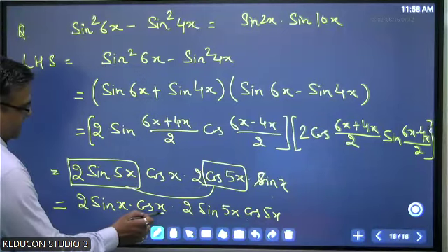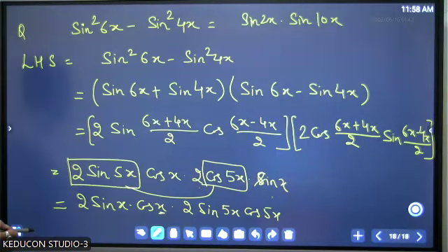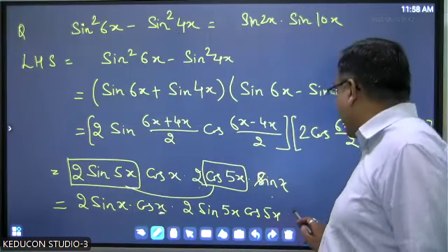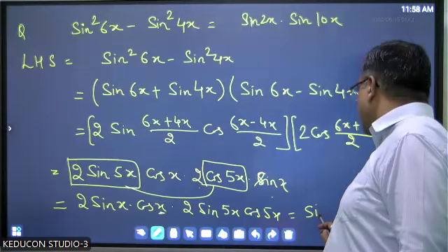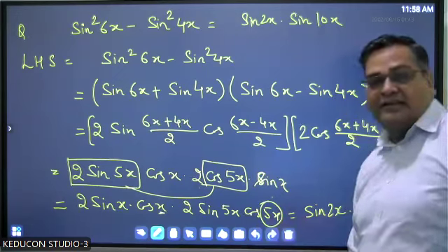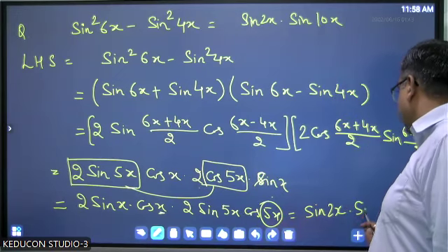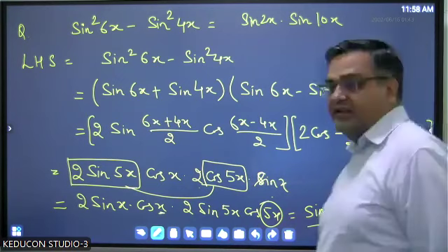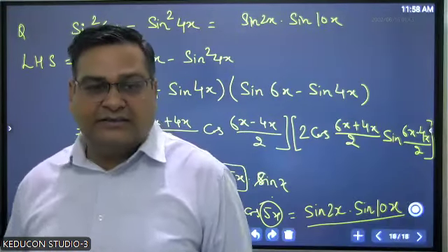Since here it is x, it will become the double angle formula, students. So that will turn into sin 2x, and here 5x will be double, and that will become sin 10x by using the double angle formula, right?